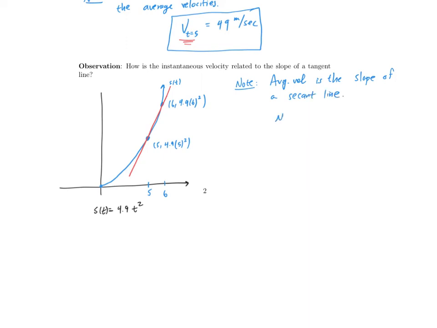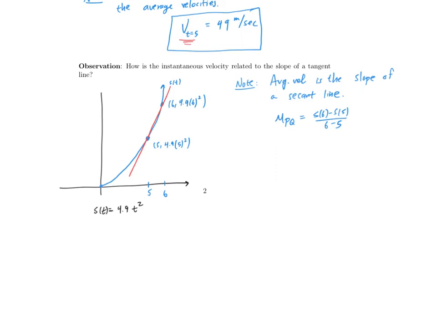And note, in terms of our first example in the part 1 video, MPQ would have been S of 6 minus S of 5 over 6 minus 5. So this slope of the secant line is exactly the formula we used to find the average velocity on that interval from 5 to 6.